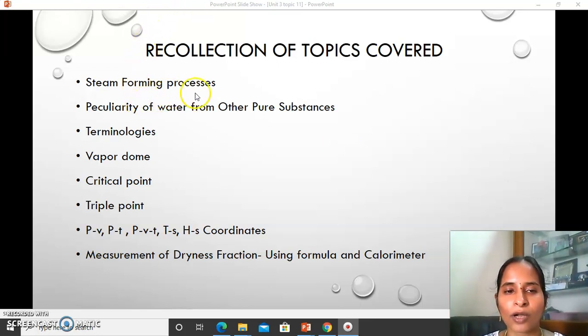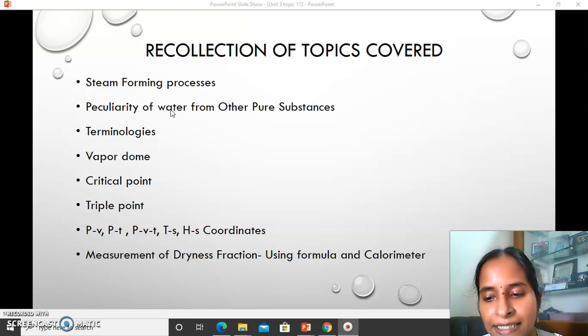Then the steam forming processes which we have undergone are about the boiling type. What is the difference between boiling, evaporation, and vaporization, when you are having the lid and when you don't have the lid? And what is the peculiar character of water, that when it has been converted from solid, that is ice, to water, its volume reduces, which does not happen in other pure substances, till it reaches 4 degrees Celsius.